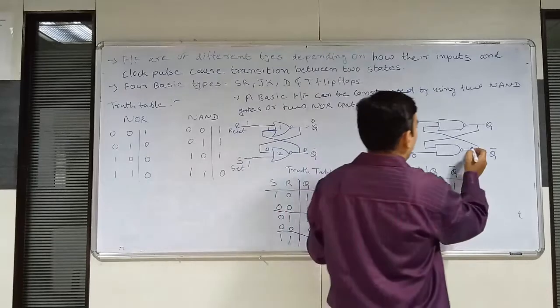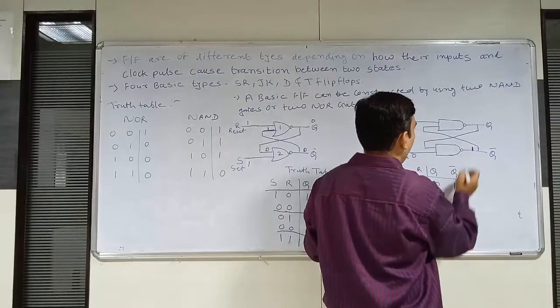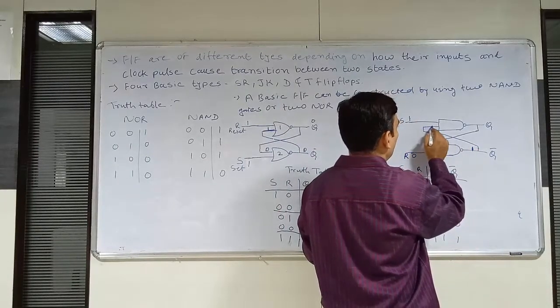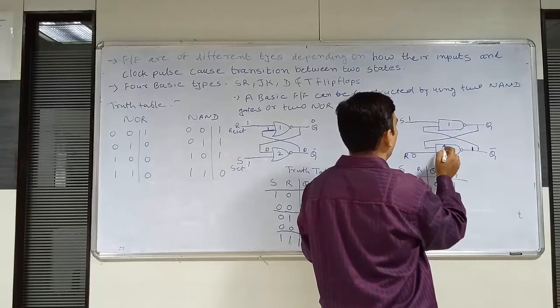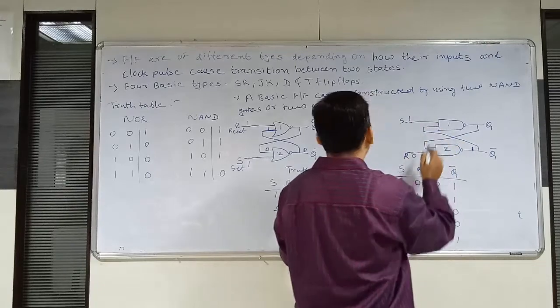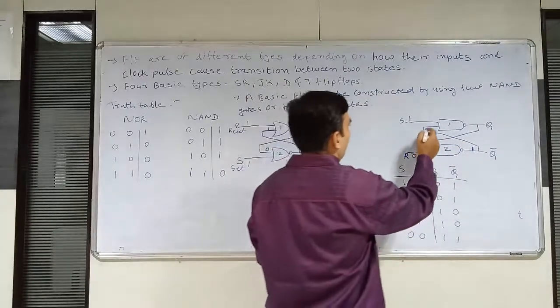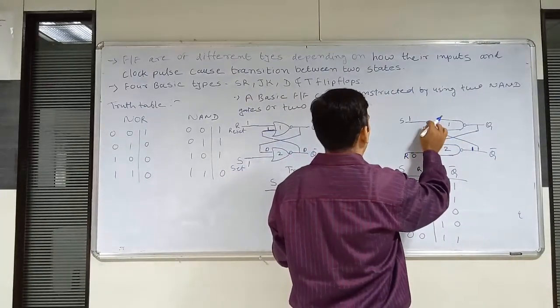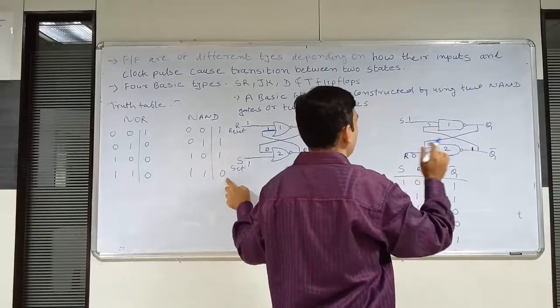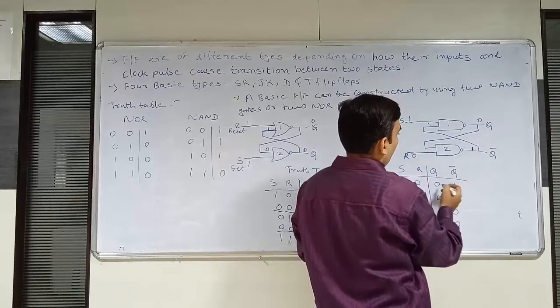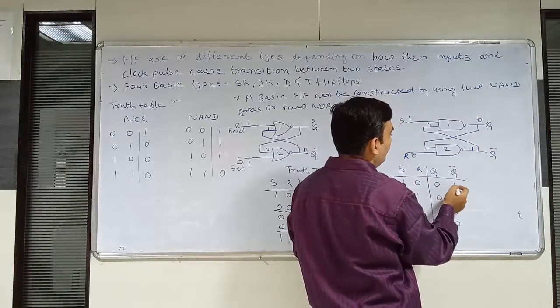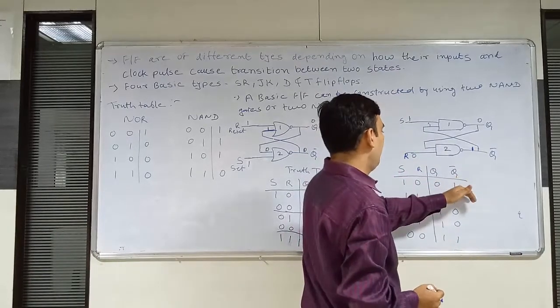So here Q bar will be equal to 1 and this one will come to another input of first NAND gate. This is the second one. So 1 and 1 will be equal to 0. So we got output 0. As the output of Q and Q bar we got 0 and 1.